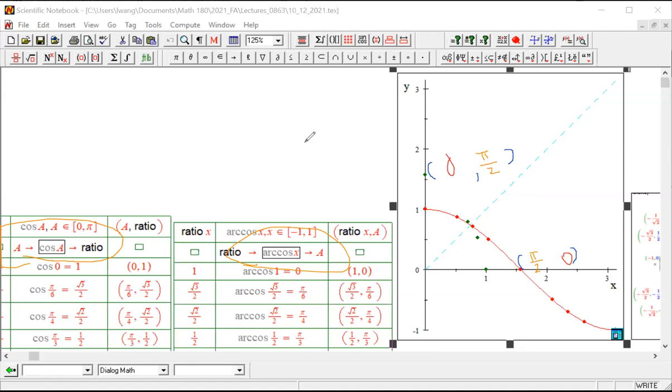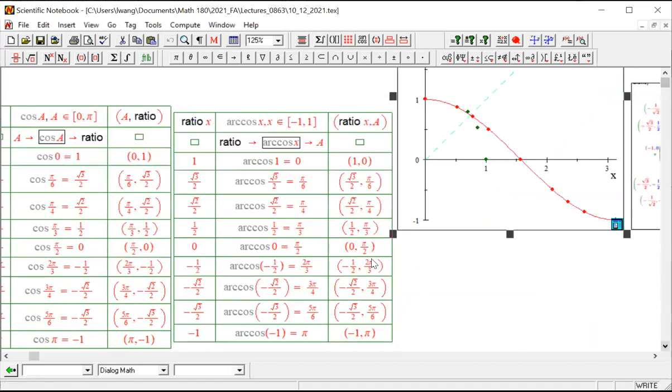So how about you guys keep going? You plot the rest of the points, the rest of the green dots, and I'll be doing the same, just alongside of you. Anybody want to go with Farouz?